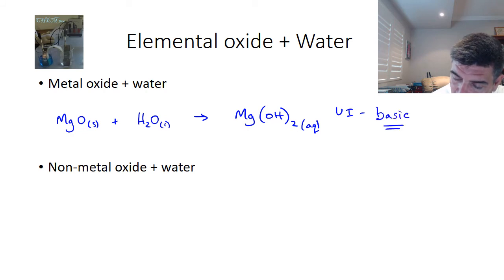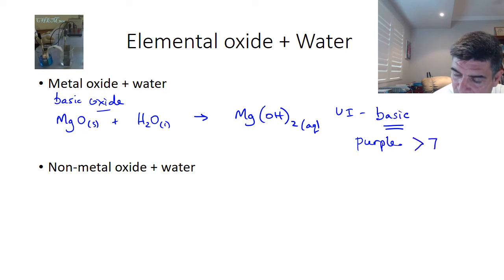And we classify metal oxides as basic oxides, primarily because they are going to produce basic solutions. It's usually going to be a purple color, and it's going to have a pH greater than 7.